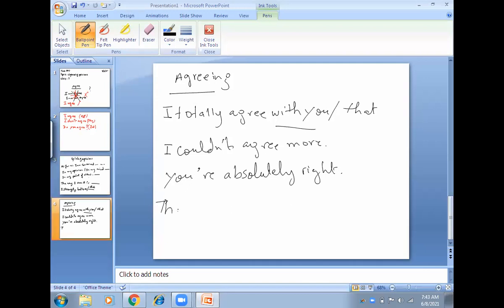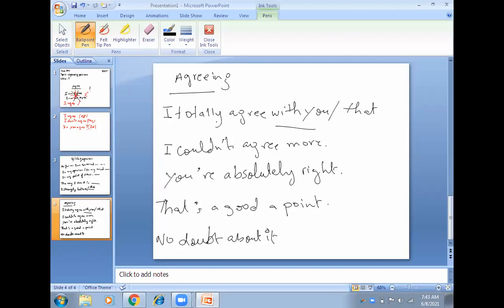When you see that the point is really good, you can also say, that's a good point. Then you can say definitely, you can say also exactly, no doubt about it.